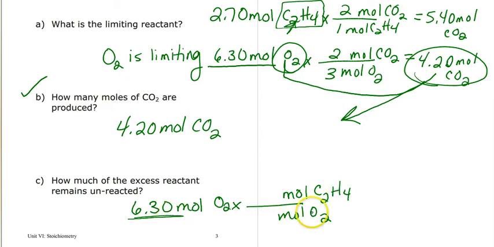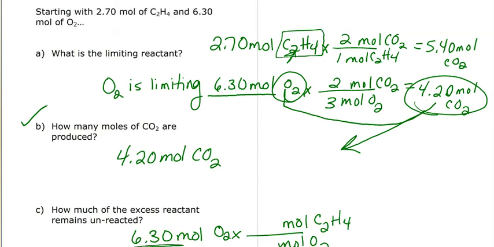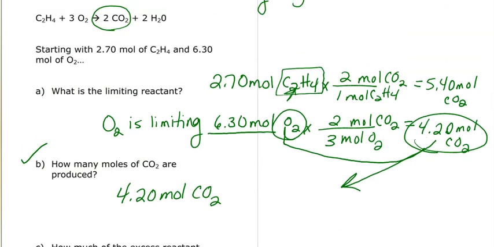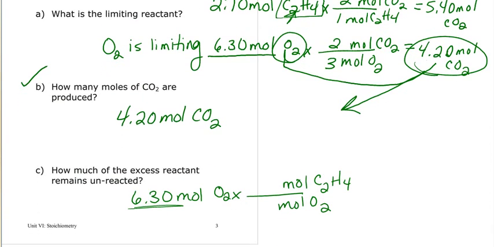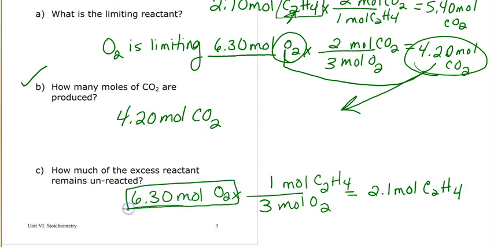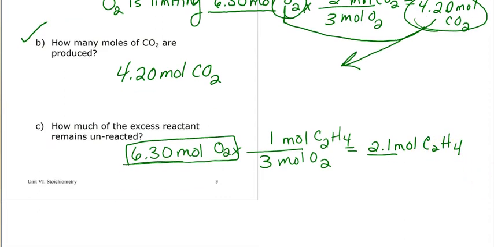Use my molar ratio. So let's go back up here and check. And so there'll be 1 and 3. So 1 and 3. And solve, you get 2.1 moles of C2H4. So what does it mean? It means that when I have this much in my lab with me, I only need 2.1 moles of C2H4 to react with it to get my product that I want.